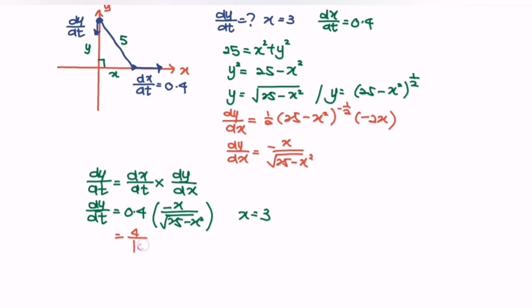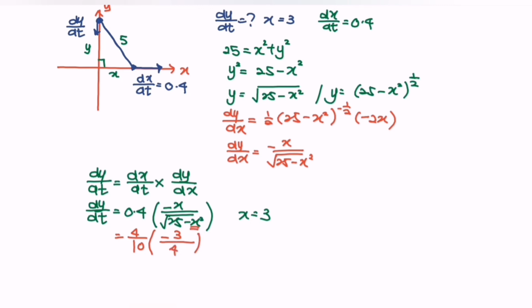So we will have 4/10 times negative 3 over square root of 25 minus 9. So we will have 16. Square root of 16, we will have 4.